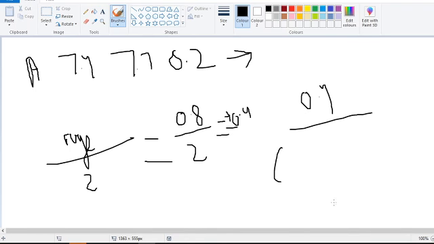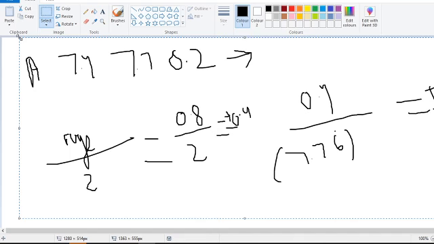That would be 7.76 recurring, and then 0.4 over that answer times 100 would be plus or minus 5.2%. So that is uncertainties.